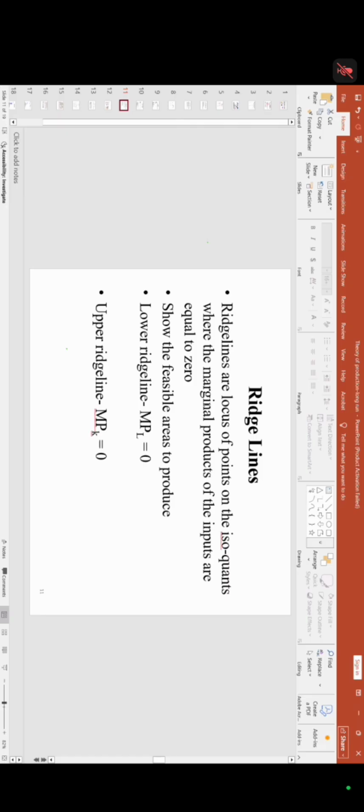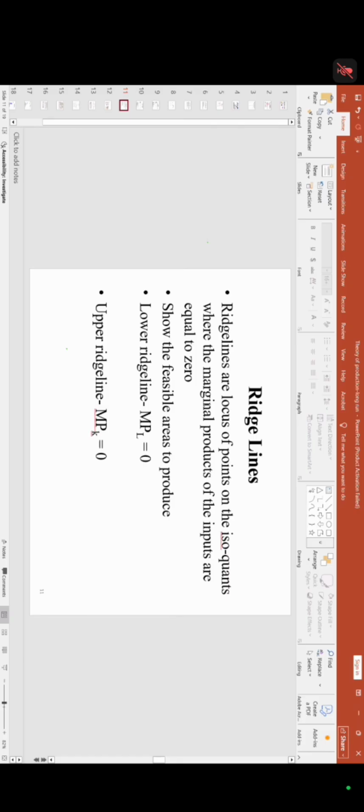Previously you learned from the isoquant how, using different combinations of input, you are going to produce a given level of output. But with the ridge lines, you are going to identify the feasible area to produce, and in which area the combination will be optimal.